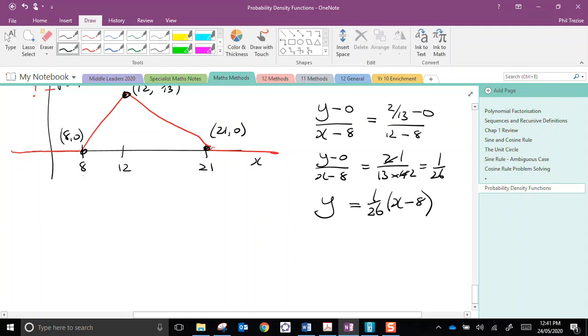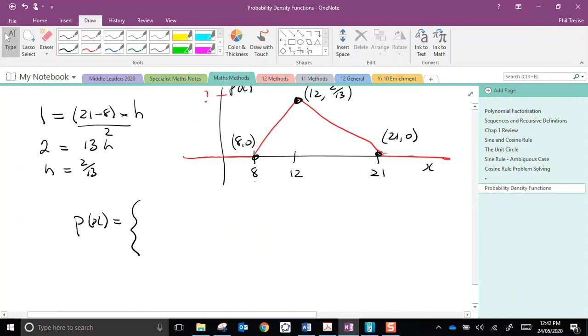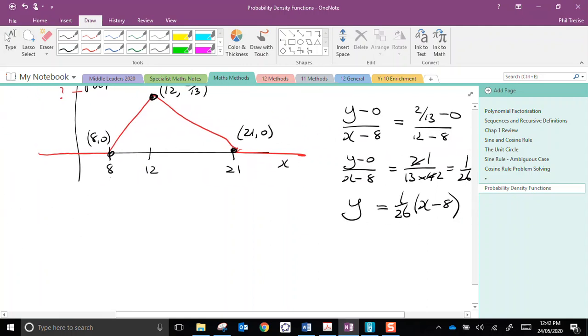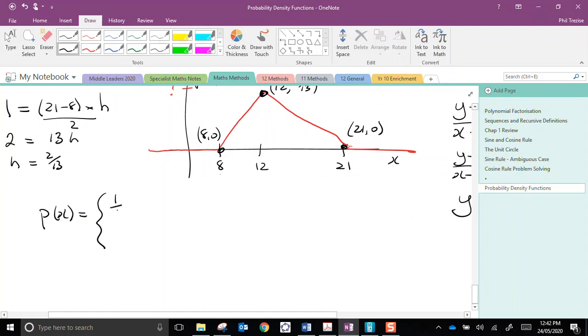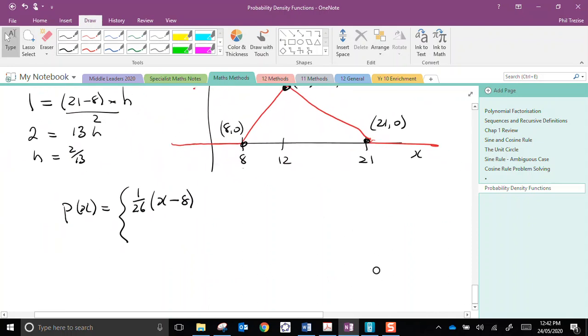That's a perfectly good way to write a function because y is the subject. So here we go. What's our function? 1 over 26 by x minus 8, wasn't it? Yes. And what was that condition? Well, x was between 8 and 12, that's what we would get.